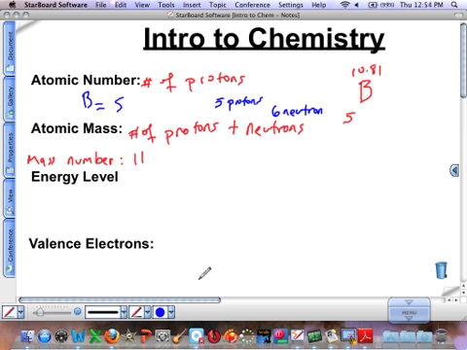All right, energy levels. There are 4 energy levels on the periodic table, and it's basically the electron shells. We have an S shell, a P shell, a D shell, and an F shell. Let's go back to the previous page.